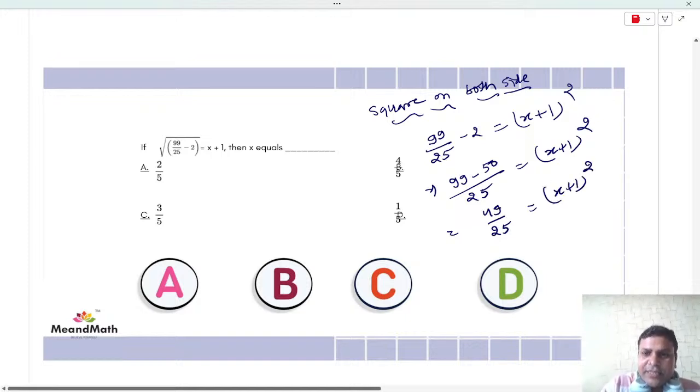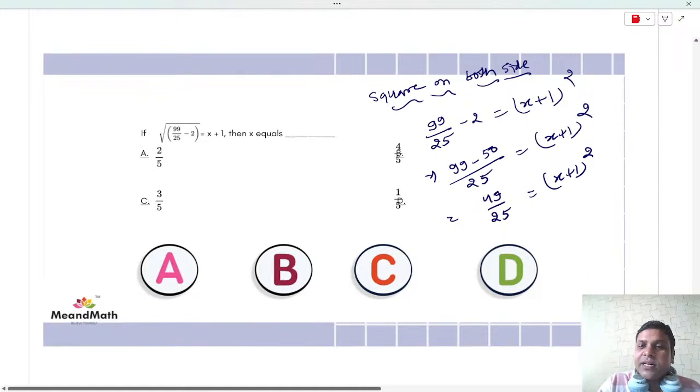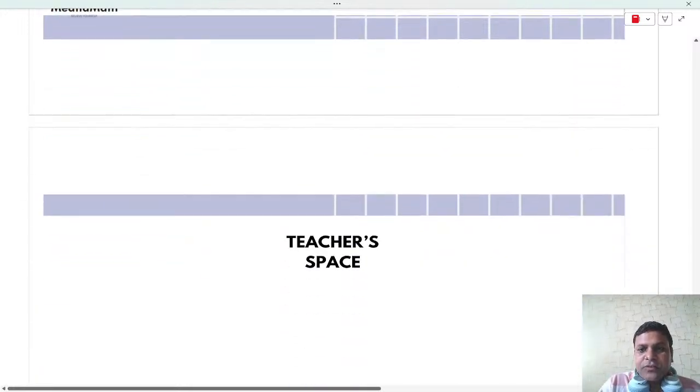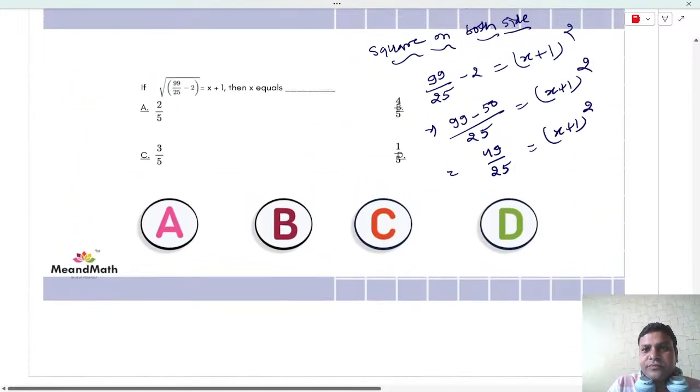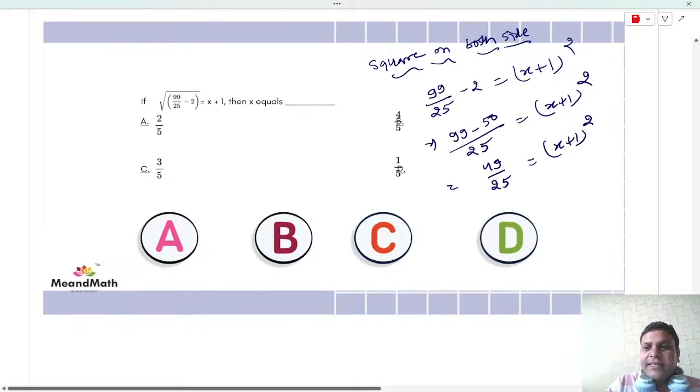Now you can see that 49 is a perfect square number, 25 is also a perfect square number. So x plus 1 is equal to root 49 upon 25. Root 49 is 7, root 25 is 5. So x plus 1 is equal to 7 by 5.